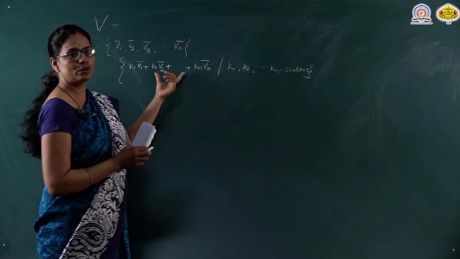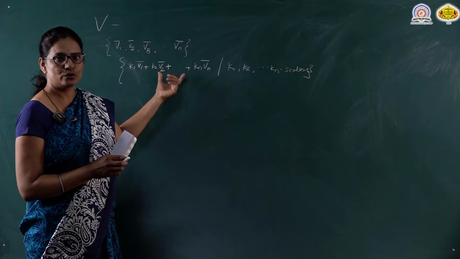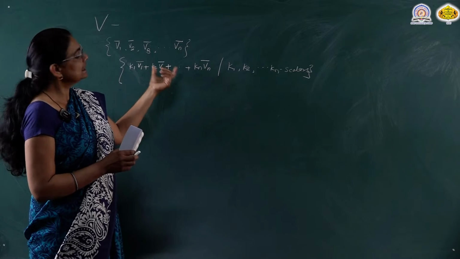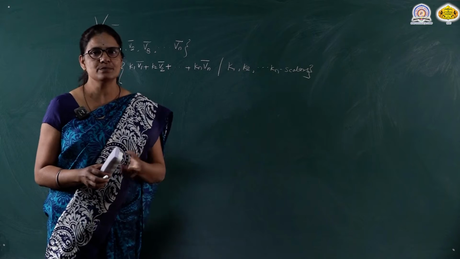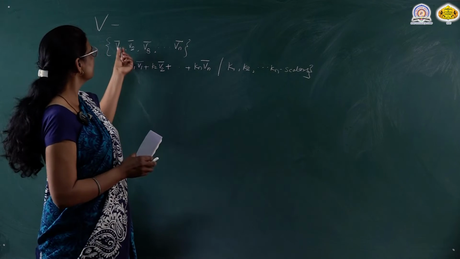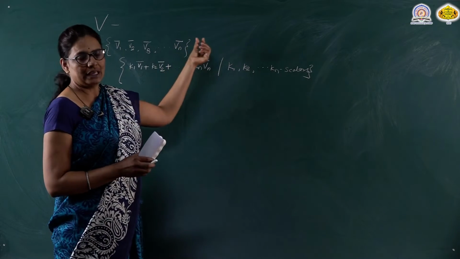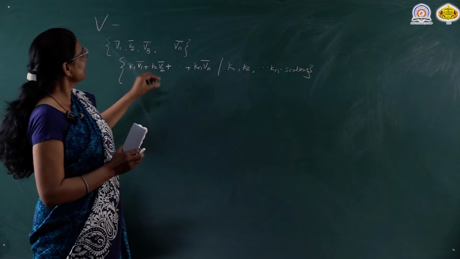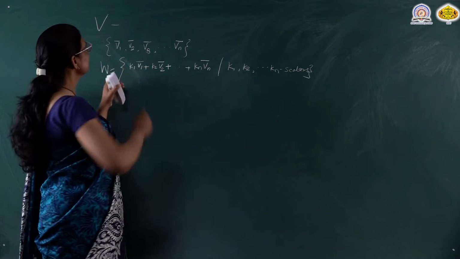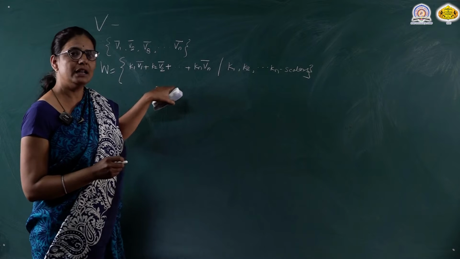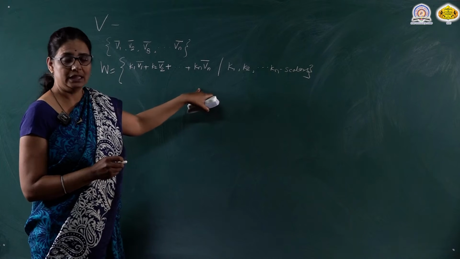The set of all possible linear combinations of these vectors is a subspace of V, and it is the smallest subspace of V containing all these vectors V1, V2, Vn. Suppose I denote this set as W. W is the smallest subspace of V containing the vectors V1, V2, Vn.